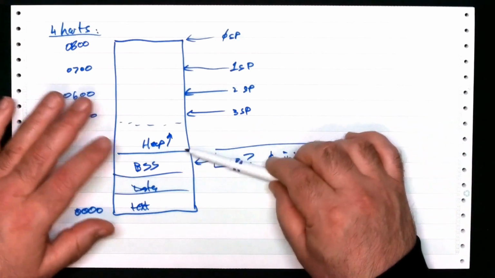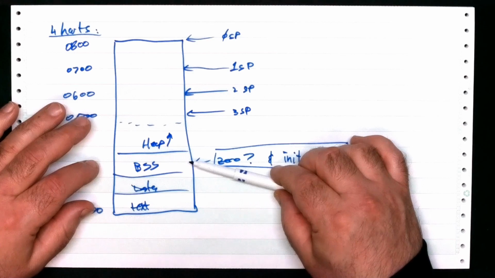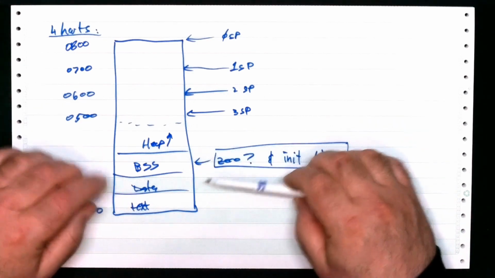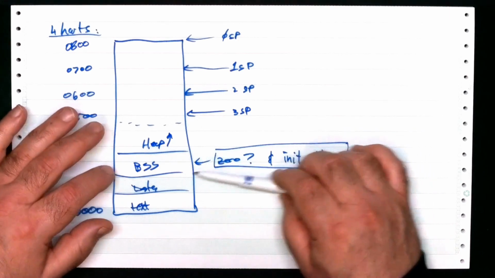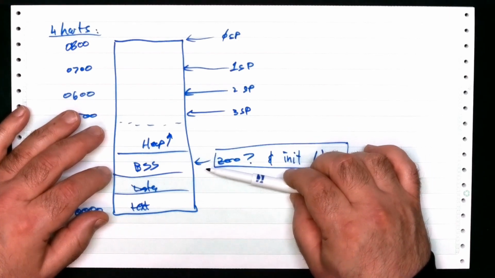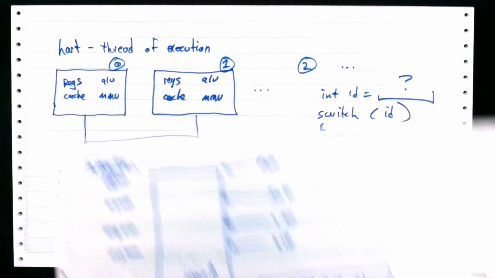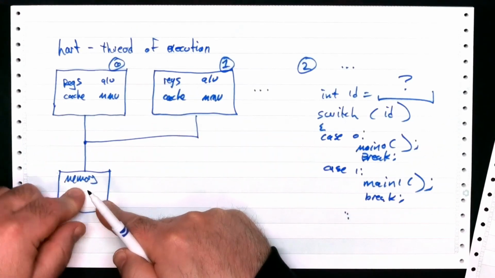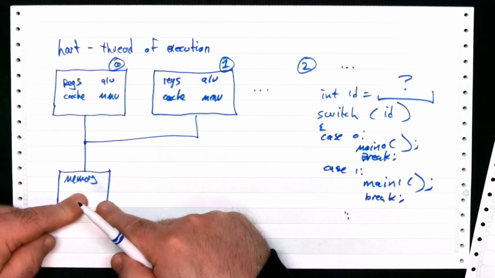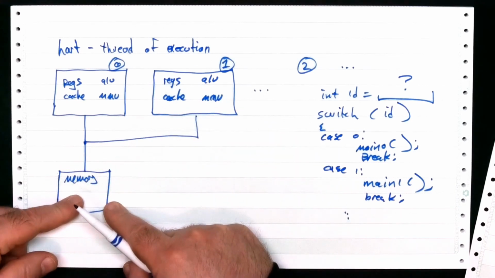Okay, but what if this was enormous, like a gigabyte? Now, how long would that take? You might argue that it would take the same amount of time if you did it with all the threads versus only one thread. Well, that's not really true, because remember, if I let this hart write a bunch of stuff into the memory, at the same time this one here is writing stuff in the memory, only one at a time can actually do that.